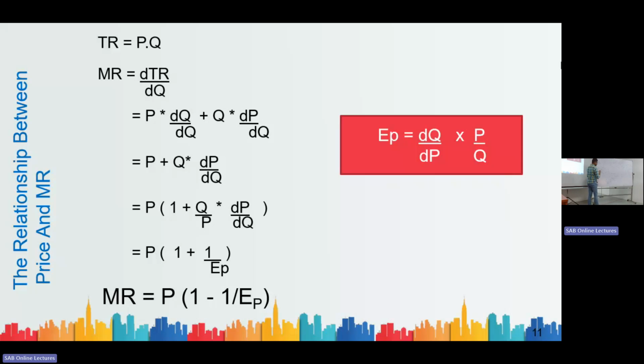This is the slope of the inverse demand curve. 1 over the slope of the inverse demand curve is the reciprocal, multiplied by the original price divided by the original quantity.